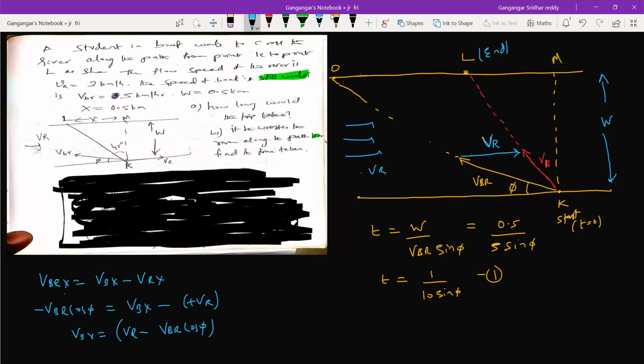Anything directed towards left I'll take negative here. If you take left positive, then for VR you should substitute the negative sign. It's left to you, since it's a convention. The negative x-axis will be taken negative; towards left negative, towards right positive. The same convention I am continuing here. So if you want, you can show that convention like this.